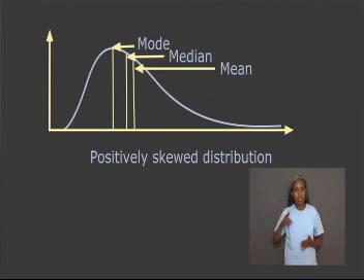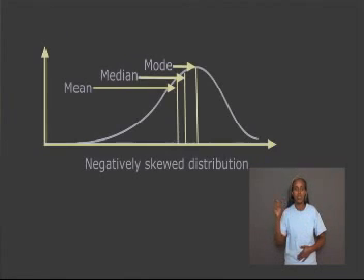If the mean is the largest in value and the median is larger than the mode but smaller than the mean, then the distribution is positively skewed. This means that the curve is skewed to the right.